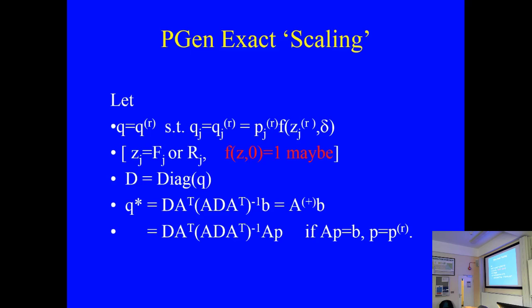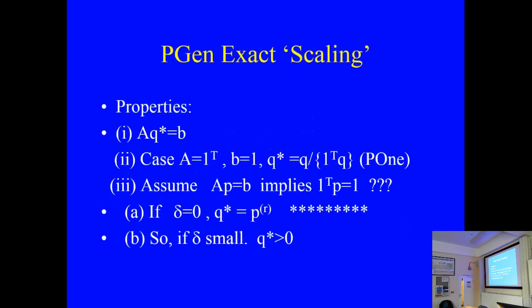Let D be a diagonal matrix whose components are equal to the components of the vector Q. Let Q star be this expression here, which in fact is a bit like a Moore-Penrose inverse of A times B. And in fact, we could replace vector B by AP if P does satisfy the constraints.